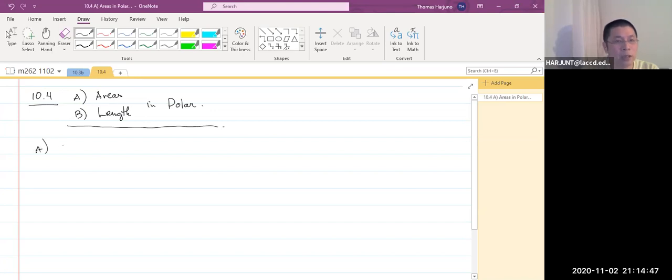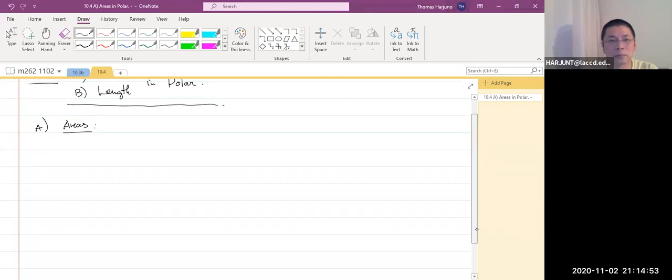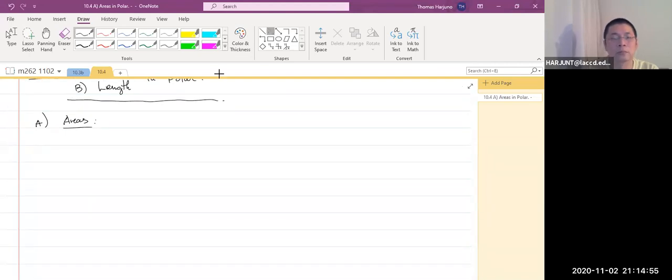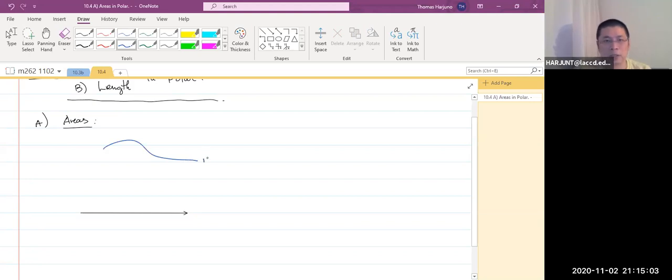Part A, the areas. Suppose I have a curve like that. Let's say this is r theta, and I want to find the area between these two sectors here.